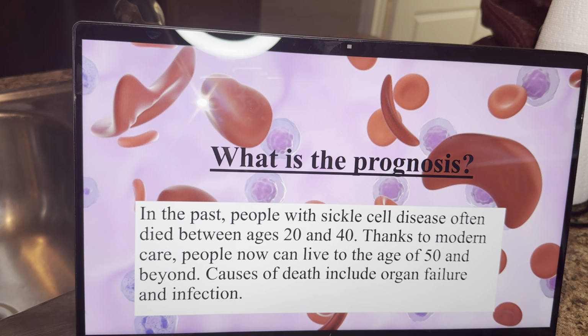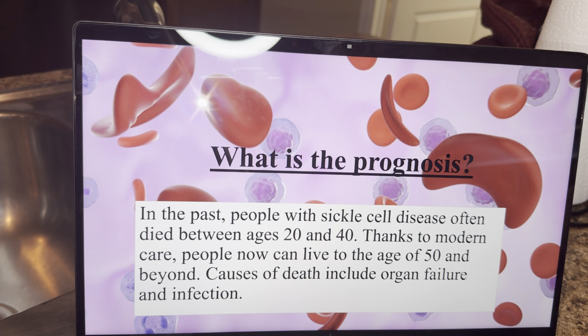So what is the prognosis for somebody who has sickle cell disease? In the past, people with sickle cell disease often died at a very young age. There was not the amount of research and care for these patients. So yeah, the lifespan was a lot shorter than it is today.